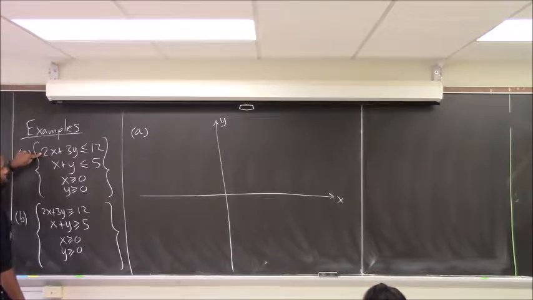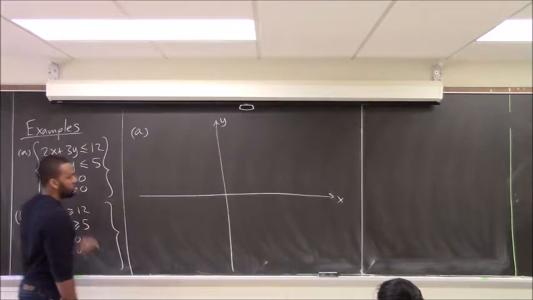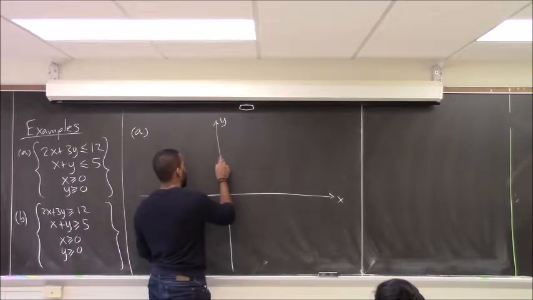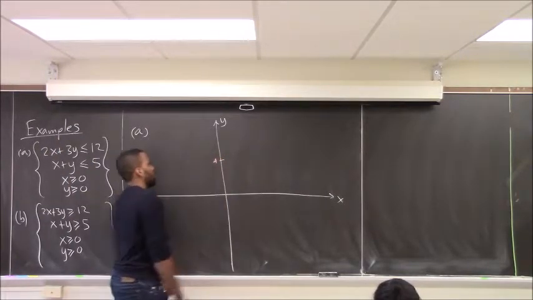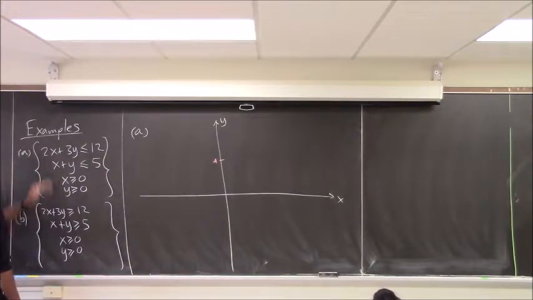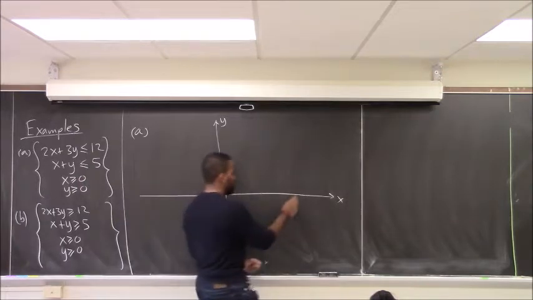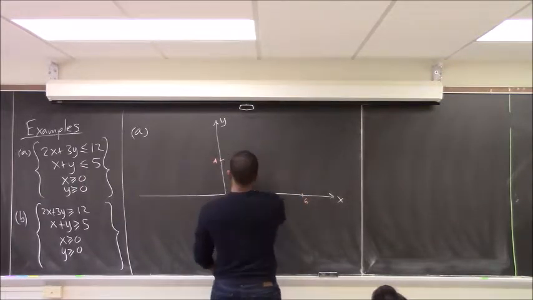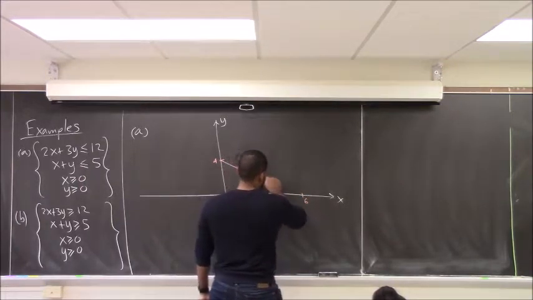On the y-axis, it passes through 5 and 4. Or no, that one. 5 and 6. Yeah, so you plug in x equals 0, you get y equals 4. And you plug in y equals 0, you get x equals 6. So that line is like that.